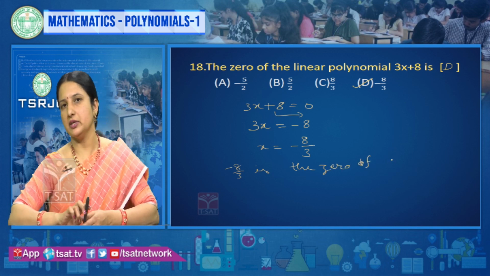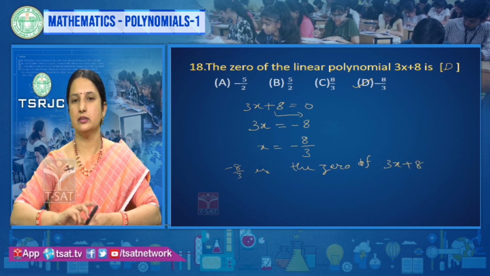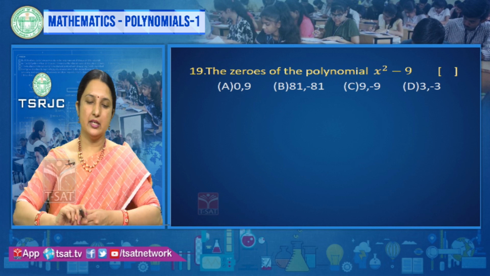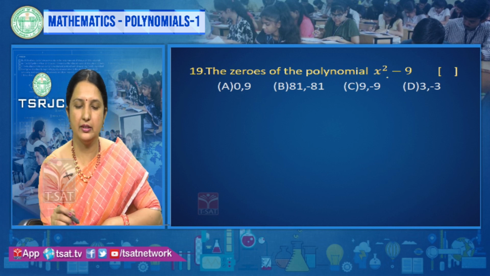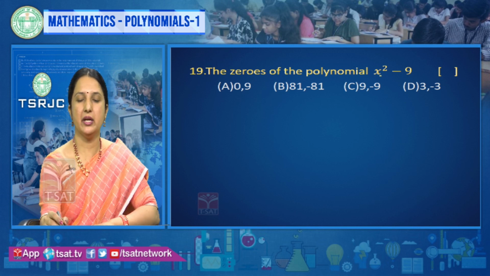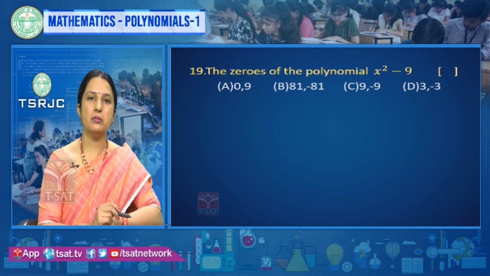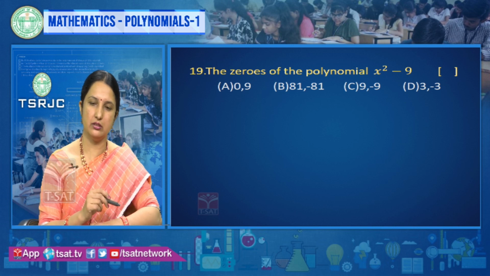The given polynomial, zero of 3x plus 8. Next, the zeros of the polynomial x square minus 9. x square minus 9 is a quadratic polynomial. A quadratic polynomial has at most 2 zeros.